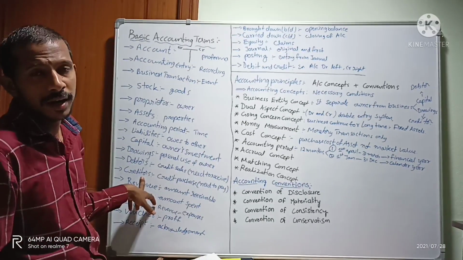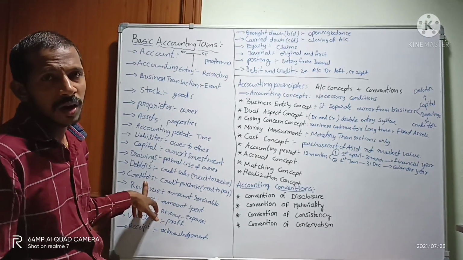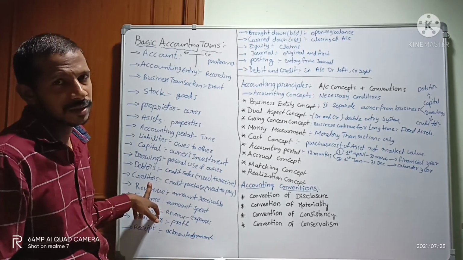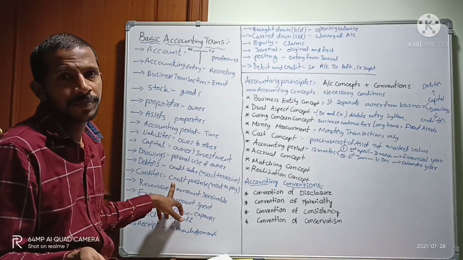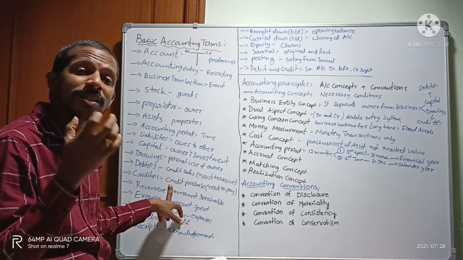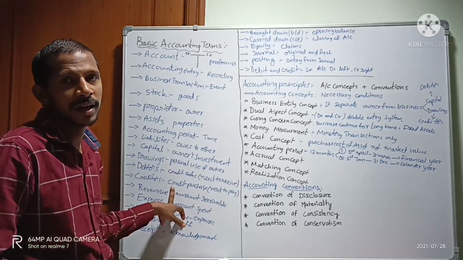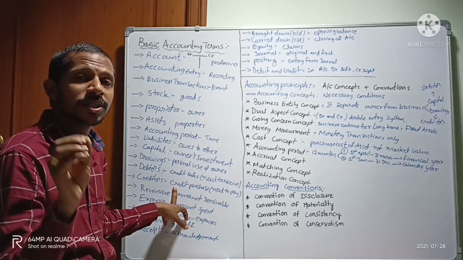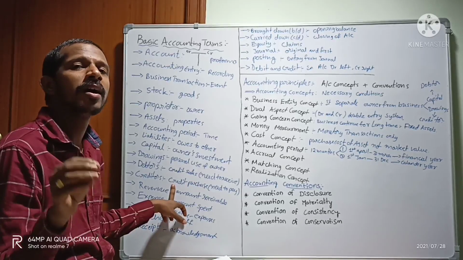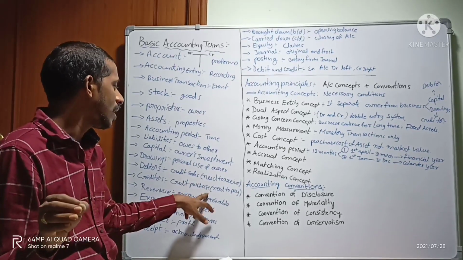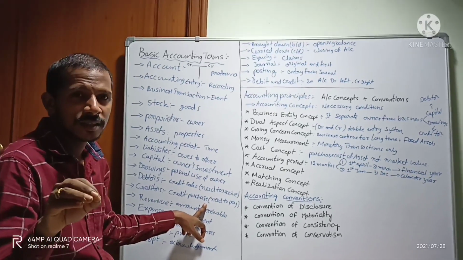Next, creditor, or sundry creditor sometimes. Creditors means credit purchase. When the business is purchasing raw materials or products, anything from the supplier, on a credit basis.